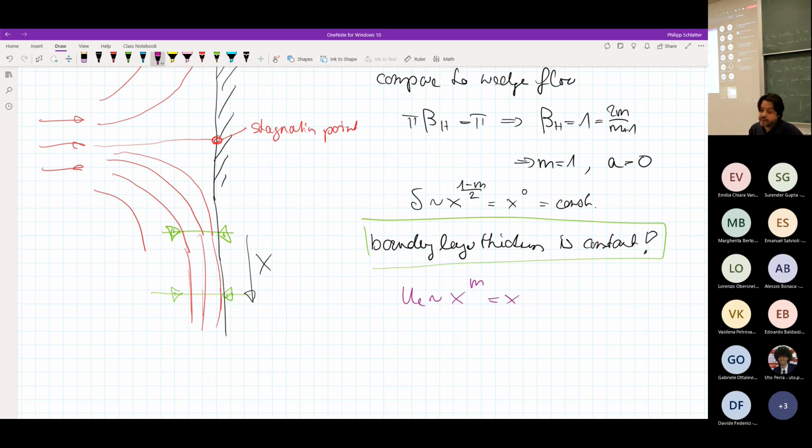So that means this increases linearly with the distance from the point in the middle. Locally, the boundary layer thickness is measured with respect to the local UE. So the velocity profile inside is scaled with this x. It's just the thickness that is constant, not that the profile is constant.